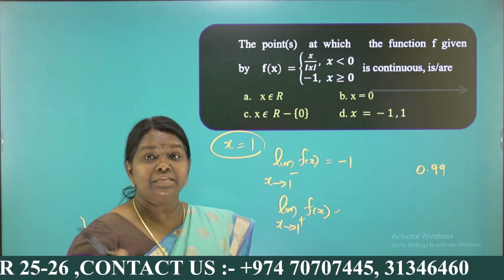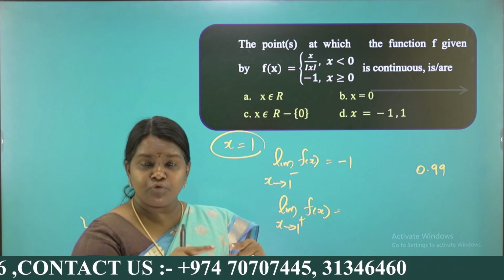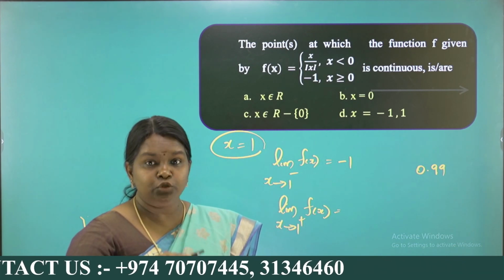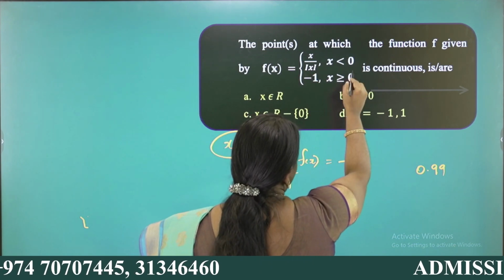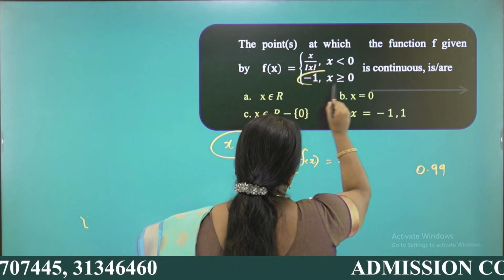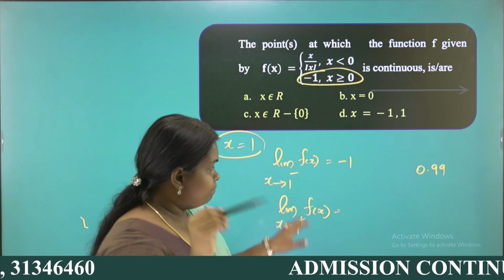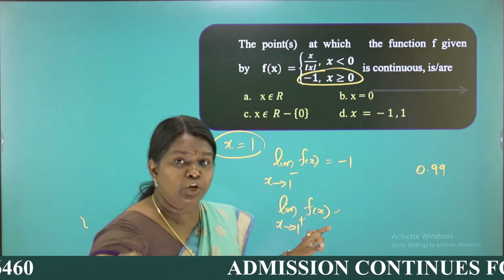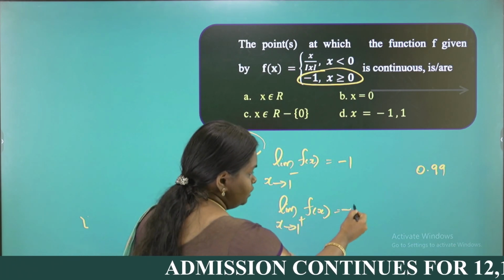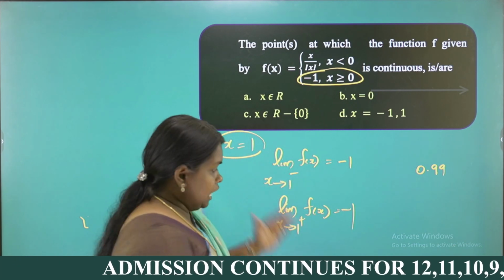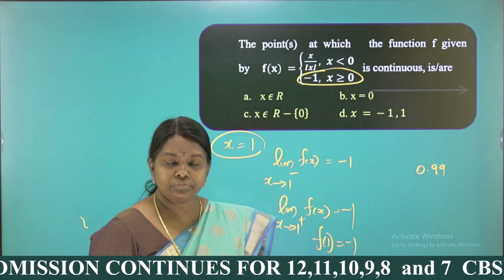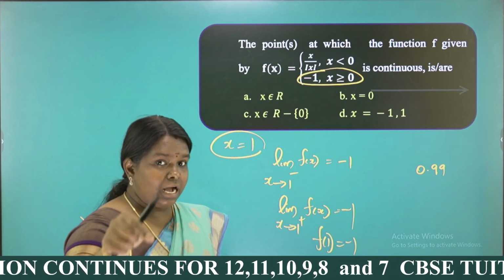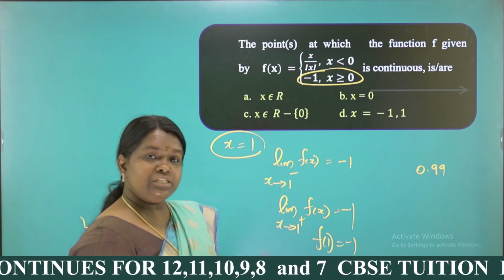So all the values are coming in this interval: 1 plus, 1 minus, even 1 also. So my LHL, RHL, and even the value at the point are the same. I just took one positive real value.